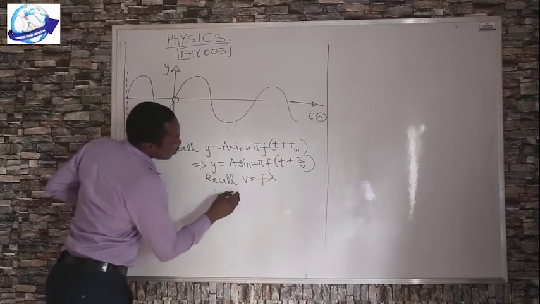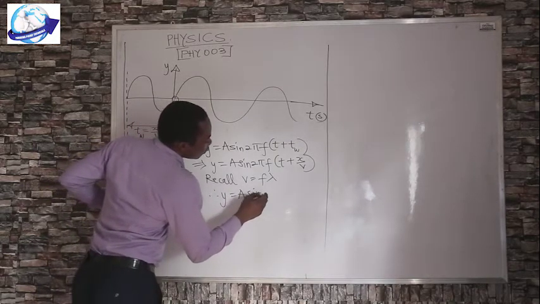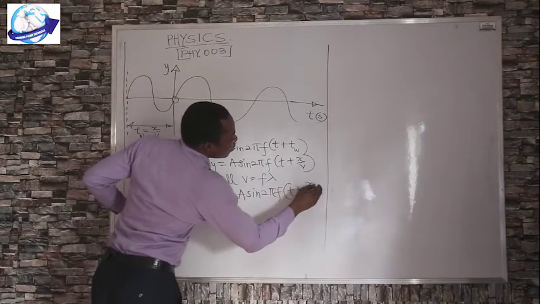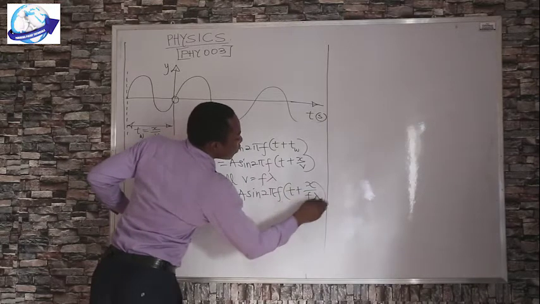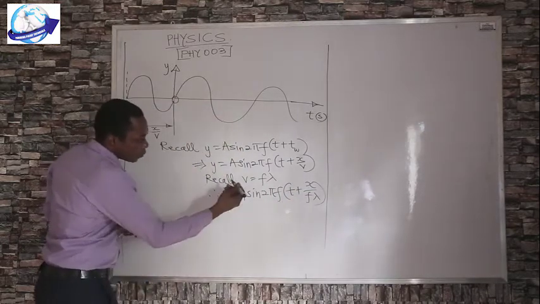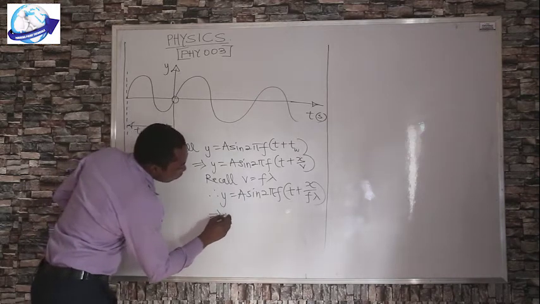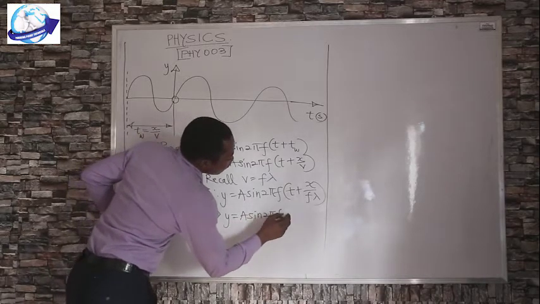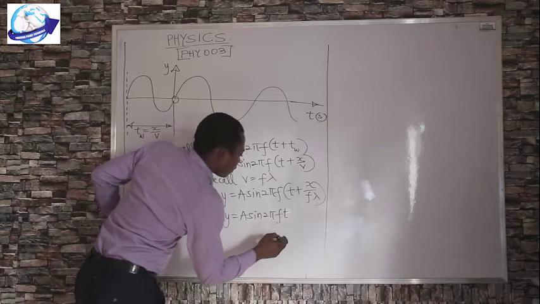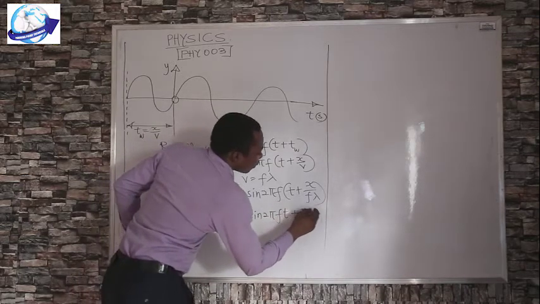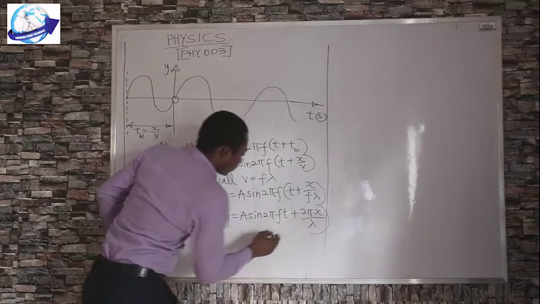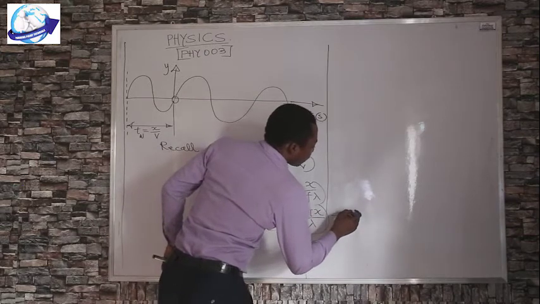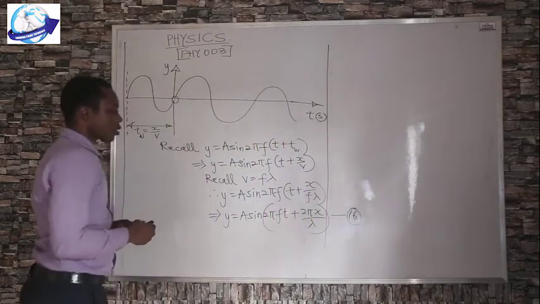Therefore y is equal to a sine 2 pi f open bracket t plus x over f lambda. By multiplication, when you expand, it implies that y is equal to a sine open bracket 2 pi f t plus 2 pi x all over lambda. Let's call this equation 16.